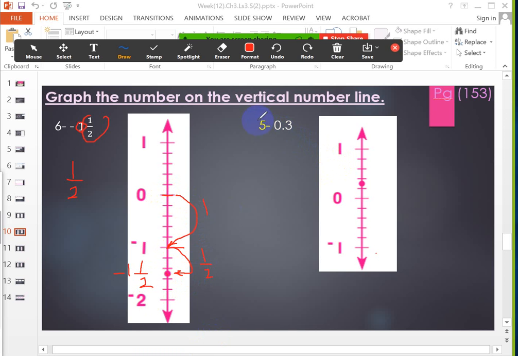Now, number 7. This is not number 5. This is number 7. 0.3. 0.3 is a number between which two numbers, Asma? Yes, teacher. Between which two numbers is 0.3? It will be up or down.